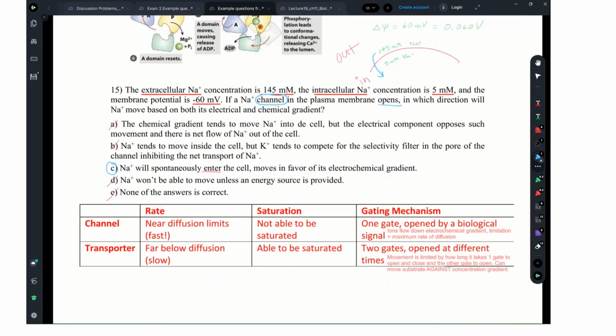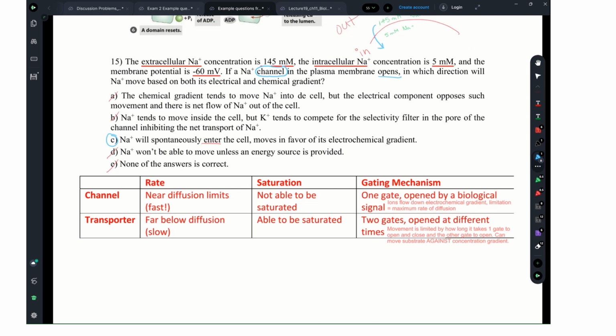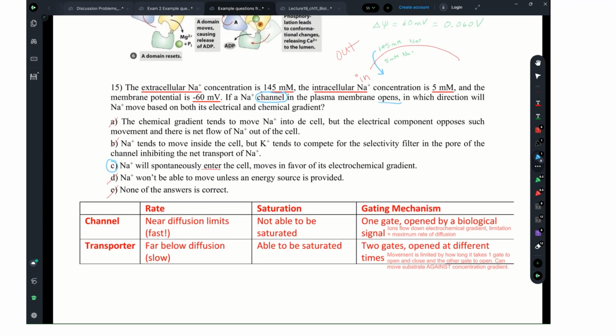Number 15, the extracellular sodium concentration is 145. So again, I started drawing. For these types of problems, it's really important to start drawing. So here on the right, you can see that we have our cell. This is outside and this is inside. They're saying the extracellular sodium concentration is 145, and inside it is 5.